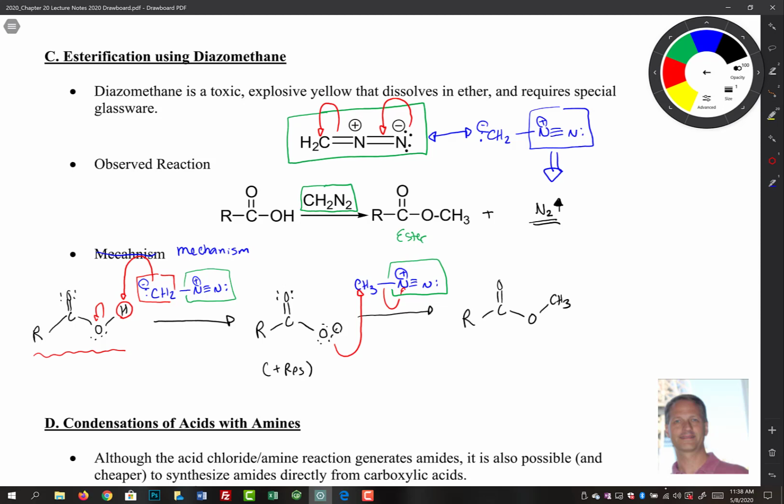So there's our ester, and then we also get that nitrogen gas. Remember that arrow up means that you have a gas there. So it's a very convenient mechanism as far as its simplicity, and it's one of those things that you guys need to make sure you remember. It pops up in this chapter from time to time.